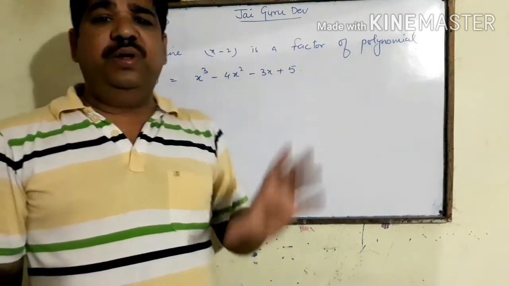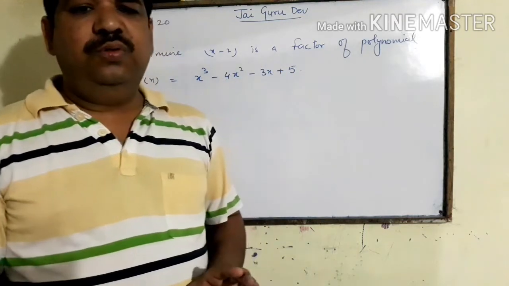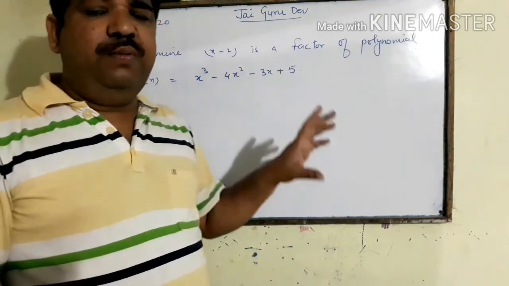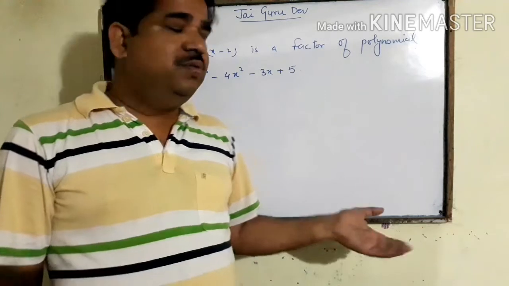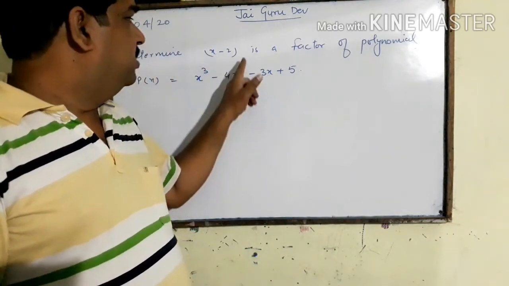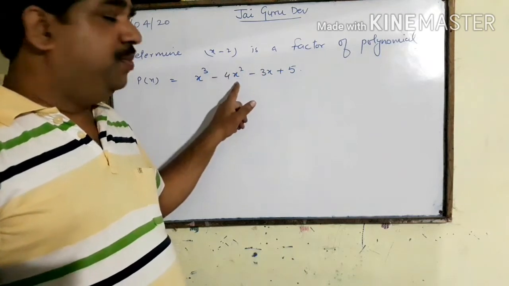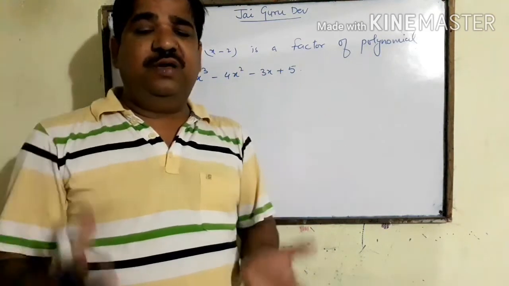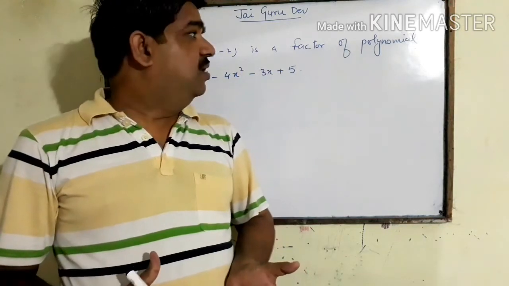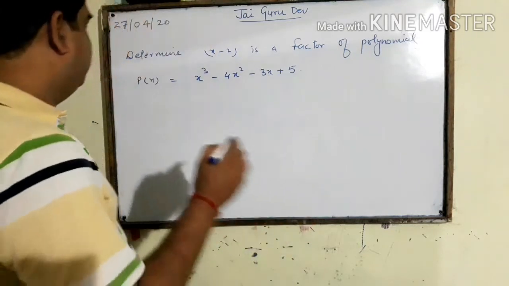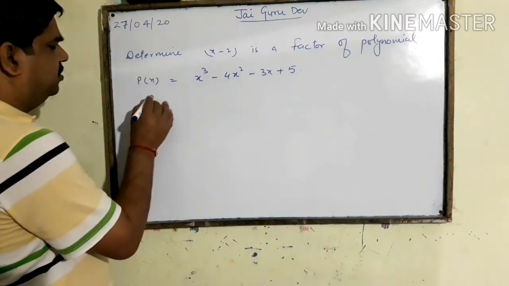If we get the remainder as 0, it means this is a factor of the polynomial. If the remainder is not equal to 0, then x minus 2 will not be a factor. Now we have to recall the steps used in the remainder theorem. The same concept is the solution.